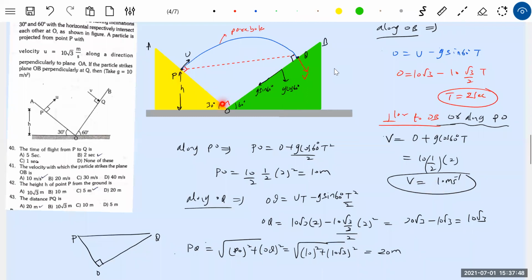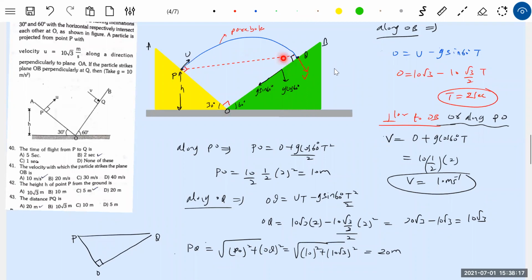Then we have to calculate the distances PO and OQ. Applying s equal to ut plus half at square, PO equals g cos 60 t square by 2, as the initial velocity along PO is 0. Solving, we get PO. Then applying equations of motion along OQ, initial velocity is u, with g sin 60 t square by 2 term. Solving, we get the OQ distance.